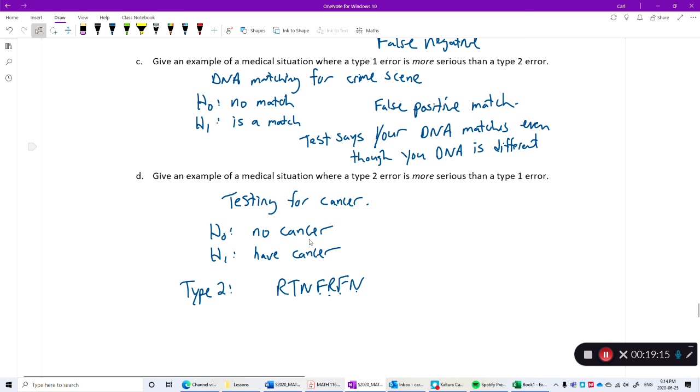A false null would be you don't have no cancer, so you do have it. So the test says you don't have cancer, but you actually do.